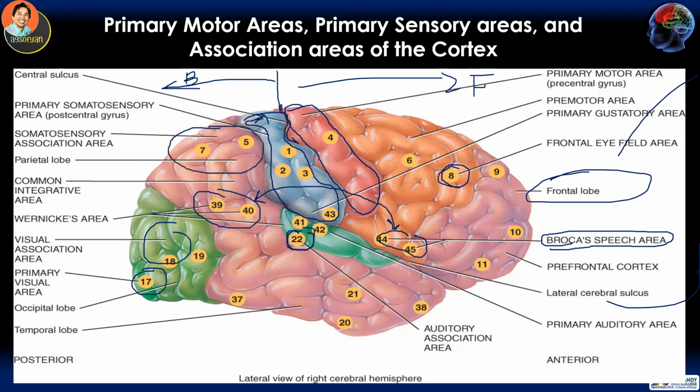The somatosensory association area is going to be the motor association area over here. This is for learning, judging behavior, answering questions, and problem solving, which will be done in this part of the brain.